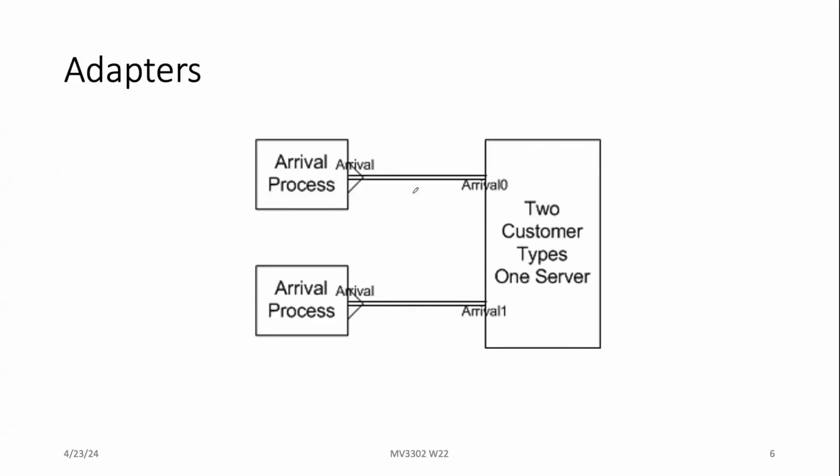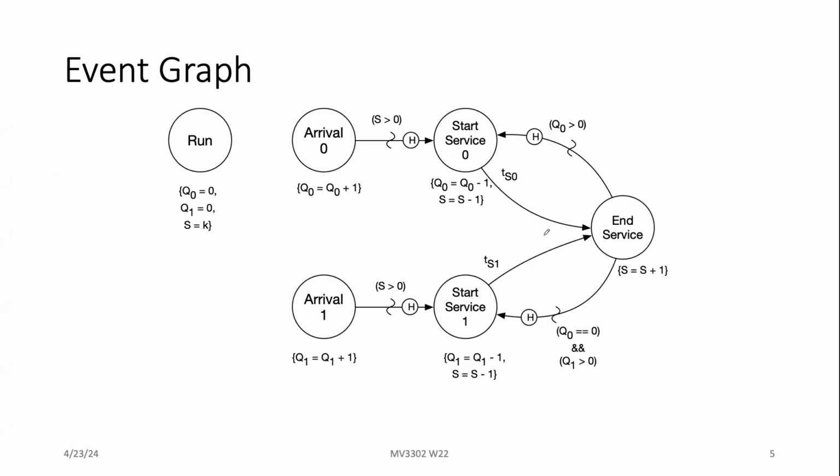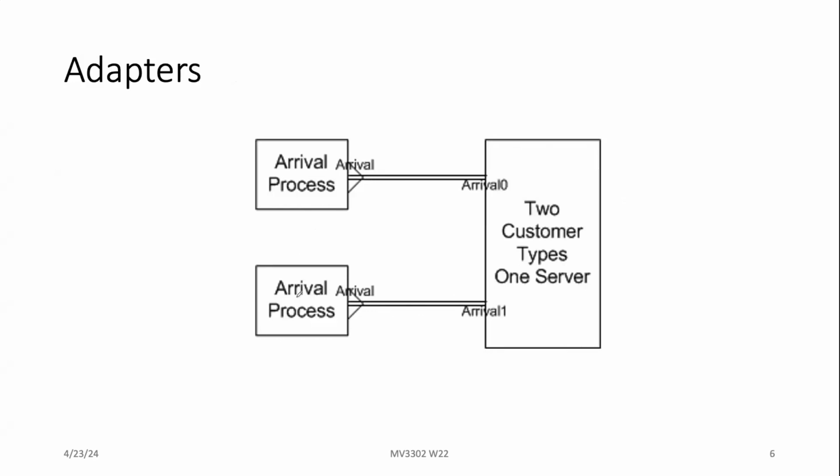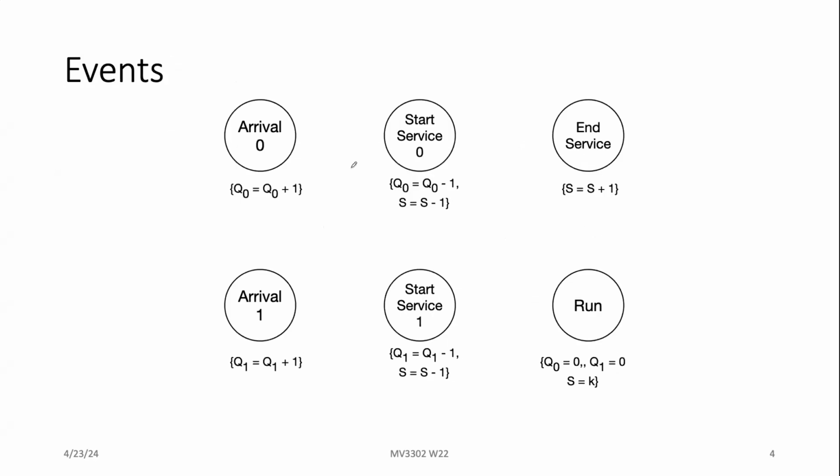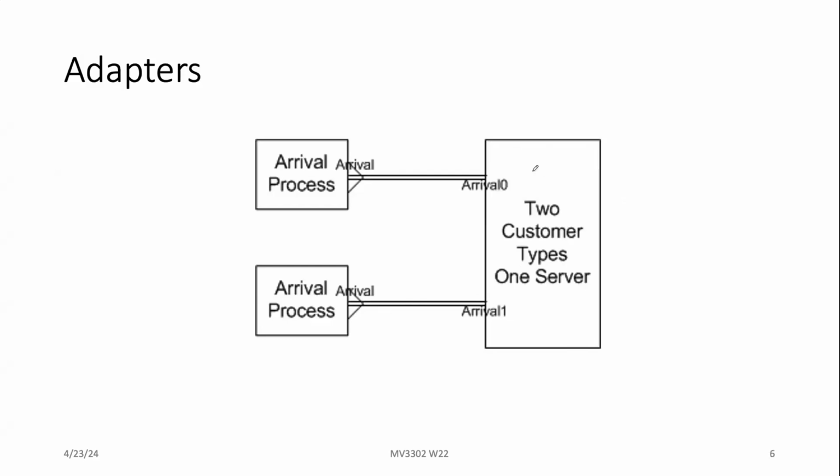Well, that's where these adapters that we talked about yesterday come in. If this is an instance of this event graph, and these are two instances of the arrival process, then if we have one that adapts an arrival event to an arrival 0 event, and one that adapts arrival to an arrival 1 event, then we'll be able to drive it.